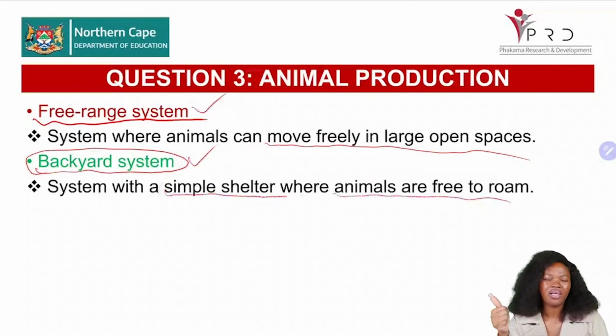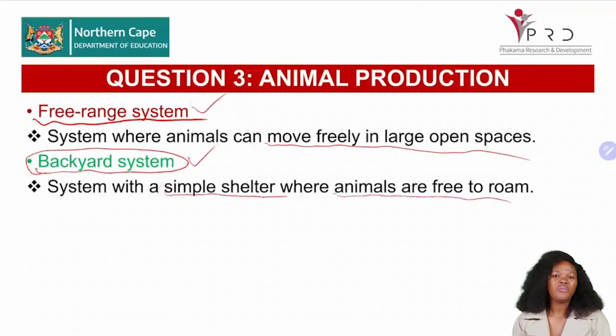First advantage, it's very easy to manage animals raised under these examples of intensive production system. Secondly, these systems are environmentally friendly, right? And also, there is no need of purchasing much of the feed when using this system.